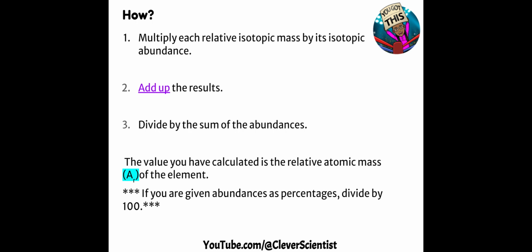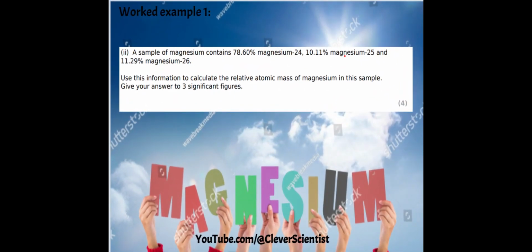So let's make sense of all what we've just talked about by working through an example. A sample of magnesium contains 78.60% magnesium-24, 10.11% of magnesium-25, and 11.29% of magnesium-26.